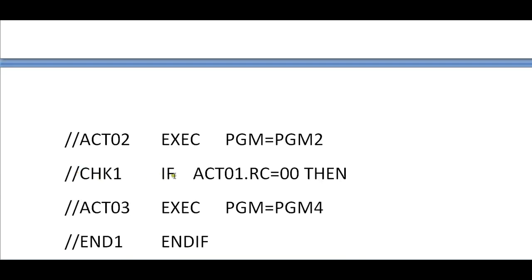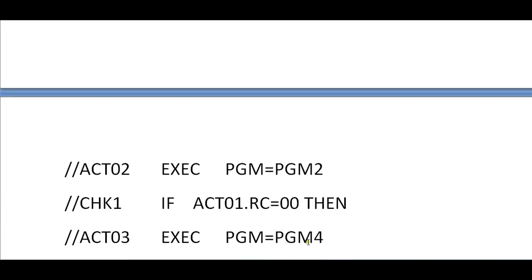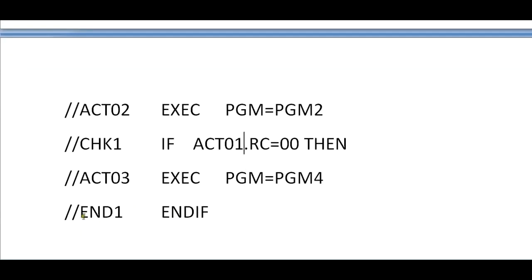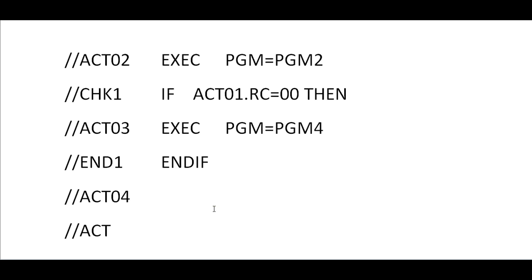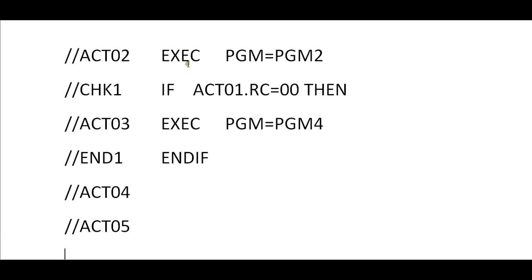Check one: if activity 01 return code equals 00, that is, if program 1 is successfully executed with return code 00, then only you try to run this activity, or else don't run it. You might also have activity 4, activity 5, and activity 6, and so on. Based on this you can take the condition. It starts with IF and ends with ENDIF. It is so easy, and it is very important when you work in real time.